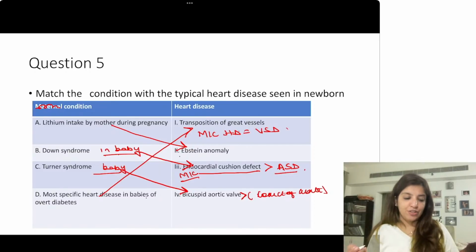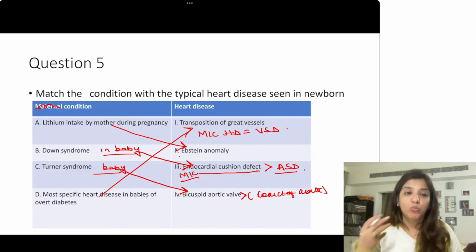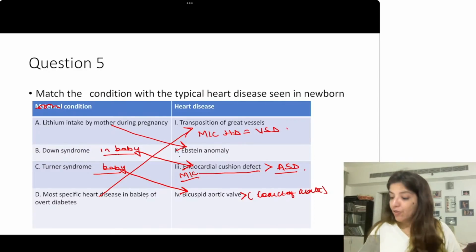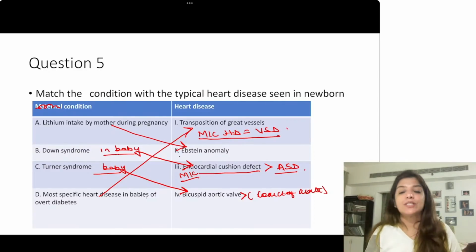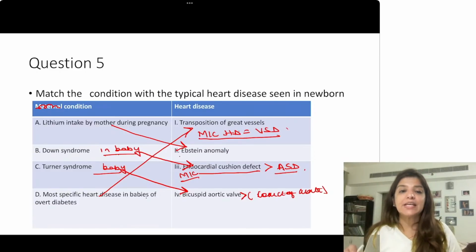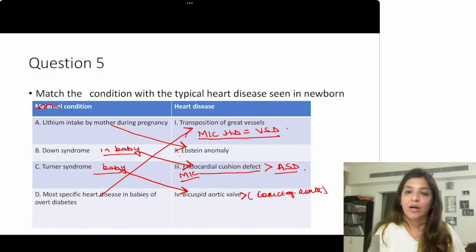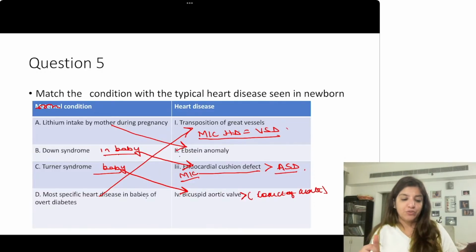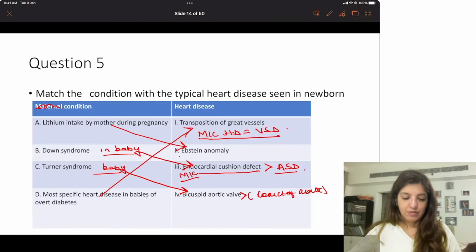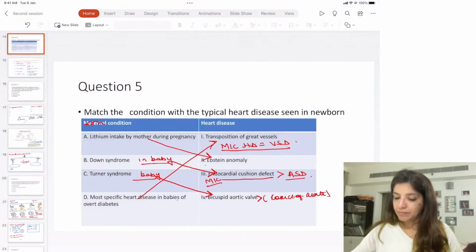So endocardial cushion defect is more commonly associated with Down syndrome than ASD. Right? Okay. VSD is the most common heart disease which is seen in babies of overt diabetics. Right? ASD is the second most commonly associated with Down syndrome. Most commonly associated with Down syndrome is endocardial cushion defect. Right? Okay.